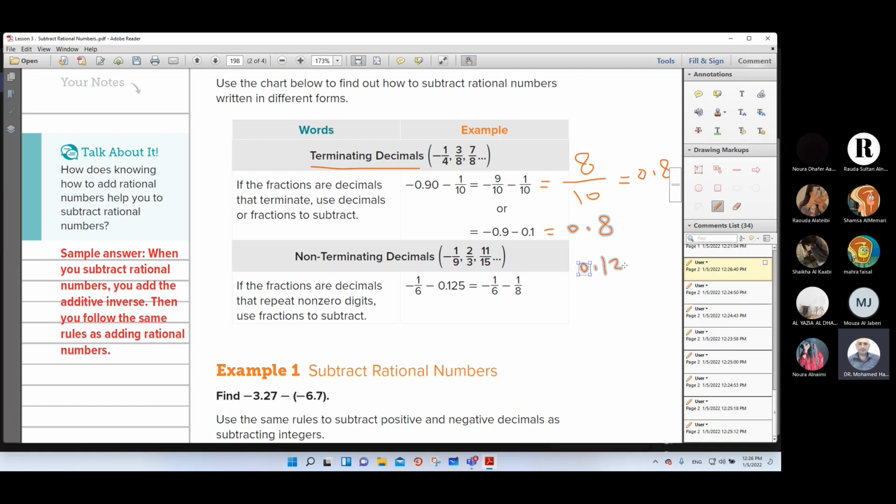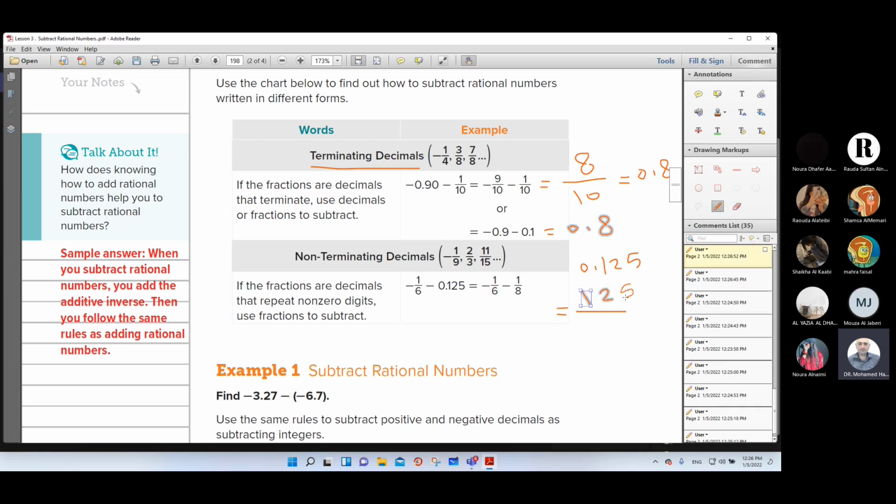How to change 0.125 to the fraction? 0.125 means 125 over 1, 2, 3. The point after 3 digits means over 1000.